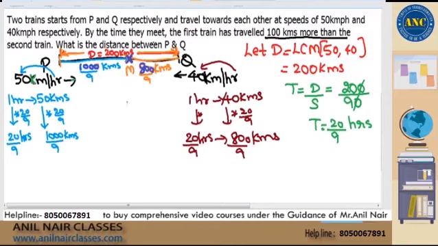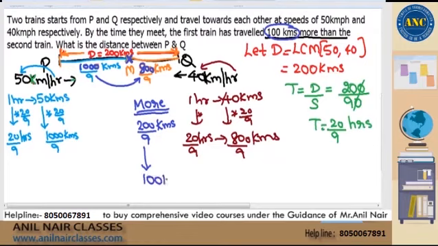Can I say that one train has traveled 200 by 9 kilometers more than the other train, because 1000 by 9 minus 800 by 9 is 200 by 9. But according to the question, one train has traveled 100 kilometers more than the other train.